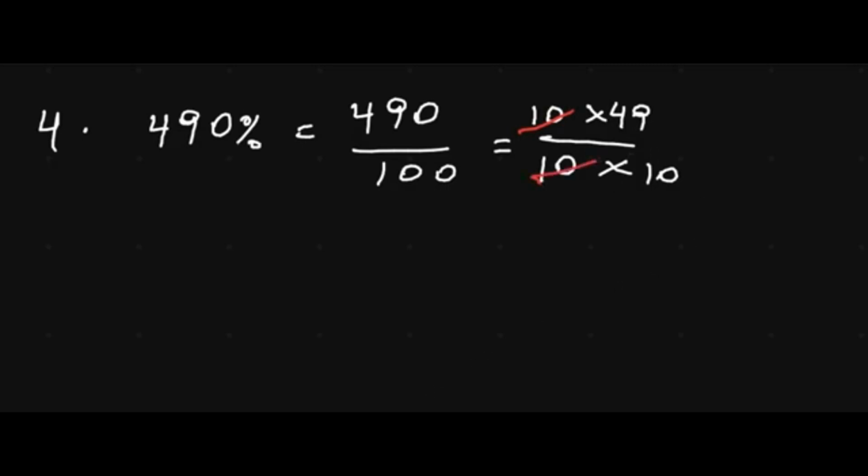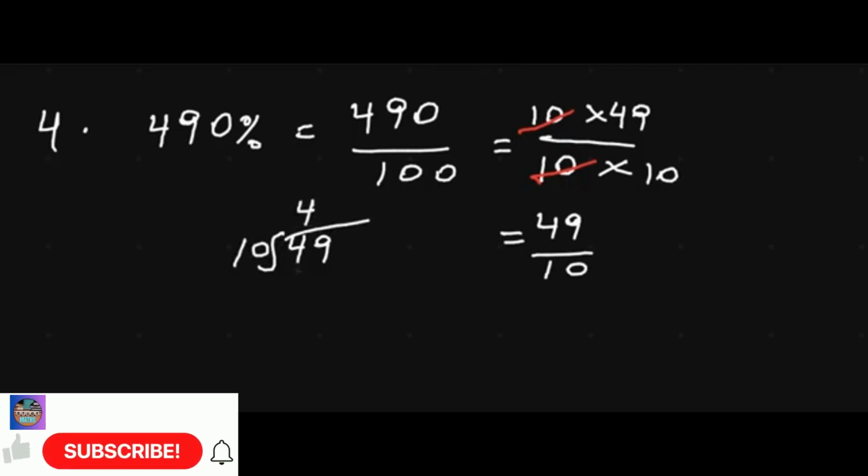For now, the result is 49 over 10. 49 over 10 can be divided because 49 is greater than 10. 49 divided by 10 is 4 times. 4 times 10 is 40, the maximum we can do.